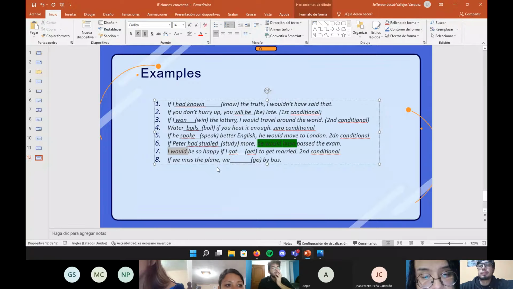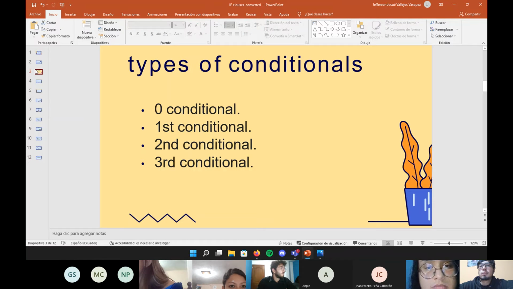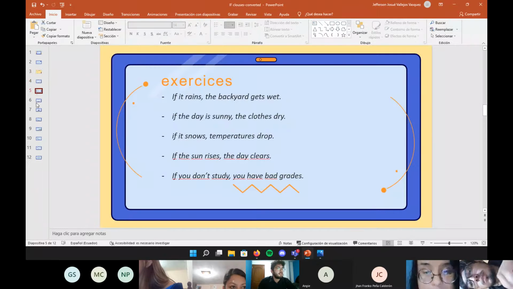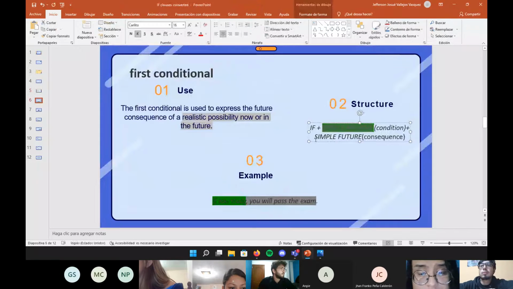Will go. Okay, we'll go. That's right. Why is that? Because we have first conditional, okay? If you remember the structure of the first conditional, we have here a simple present and the second part is simple future, okay? As you can see in this part, okay?